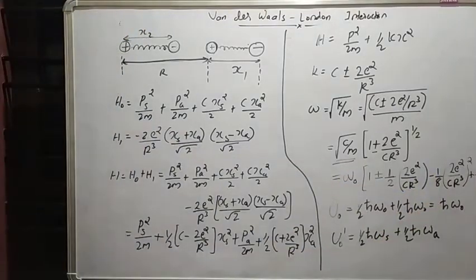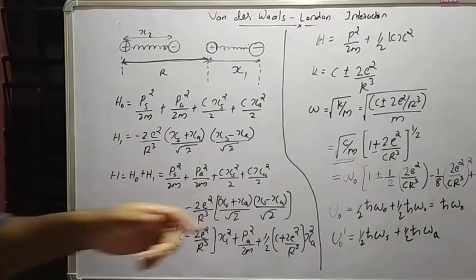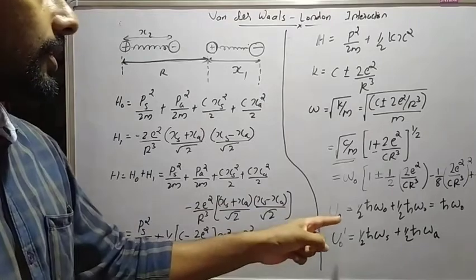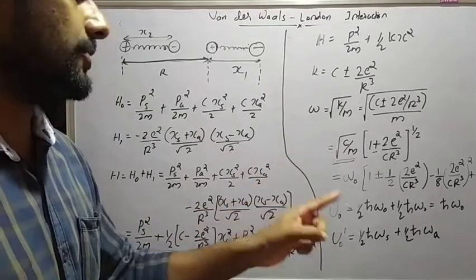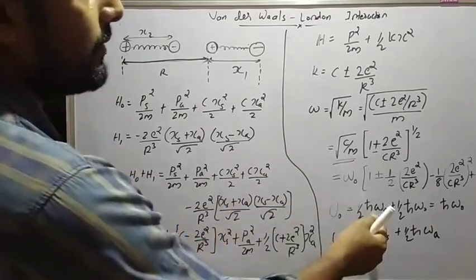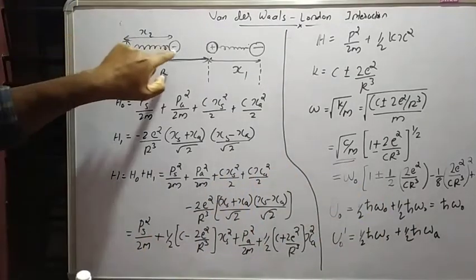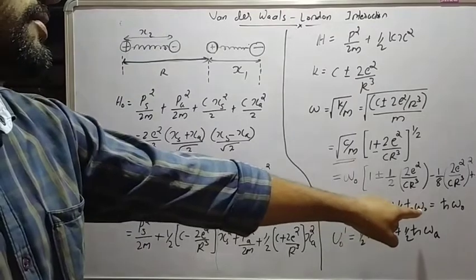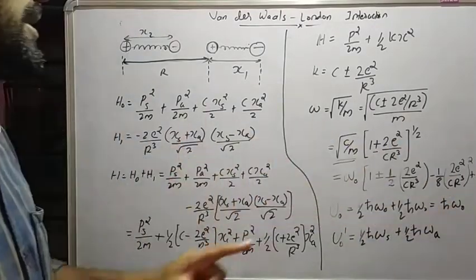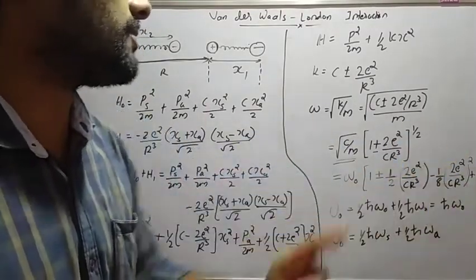So the uncoupled energy is U naught. We have taken U naught equal to half h cross omega naught for one oscillator plus half h cross omega naught for another oscillator, and that is equal to h cross omega naught.